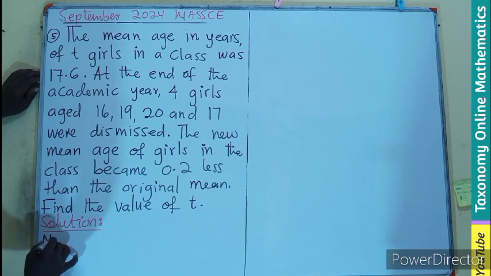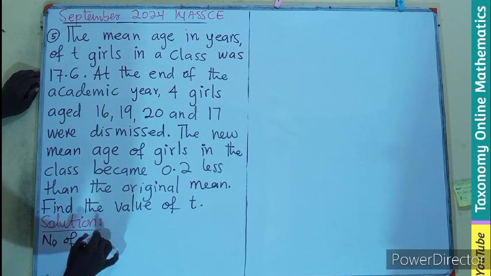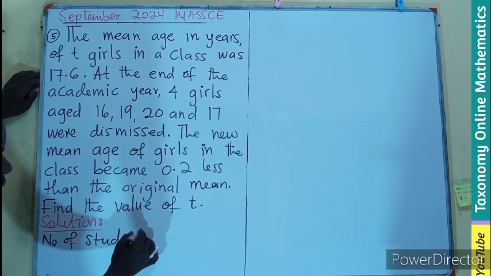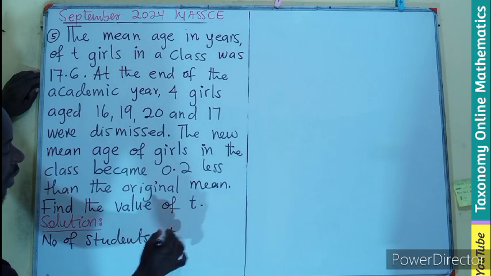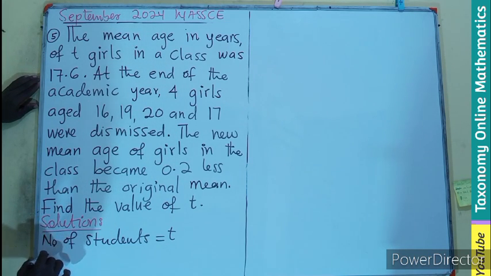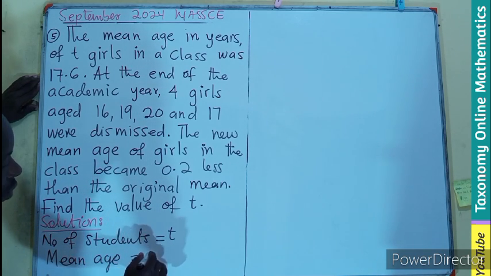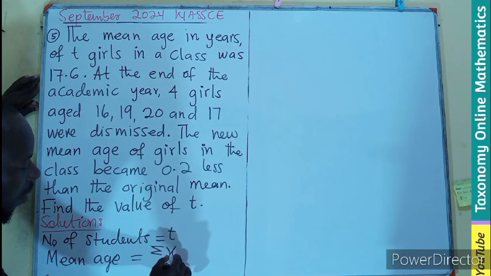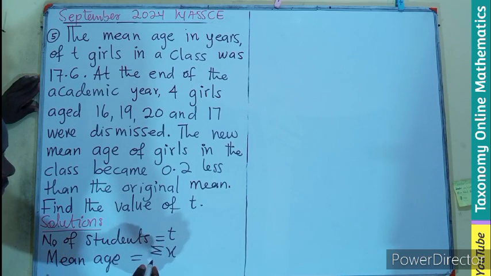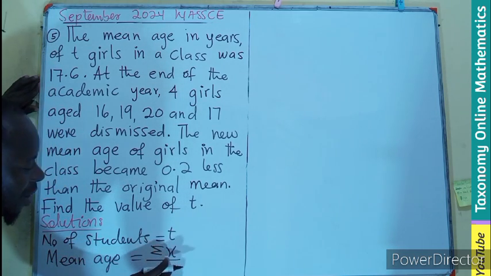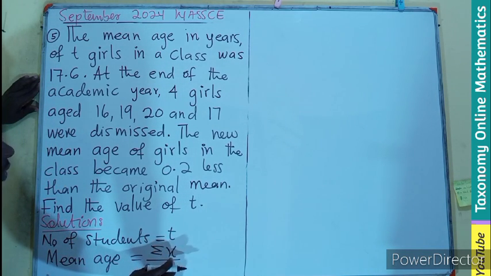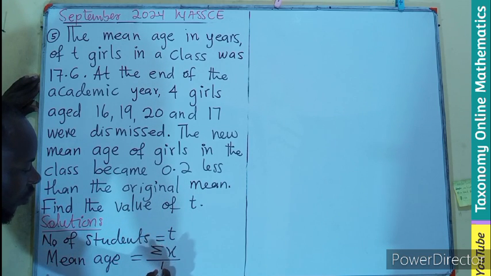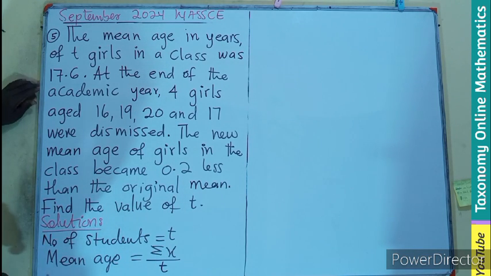We know the number of students has been given as T. So we can find the mean age to be equal to the summation of all the ages divided by the number of students, which in this case is going to be T. But we have been given the mean age, right?